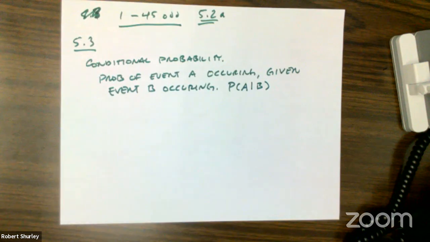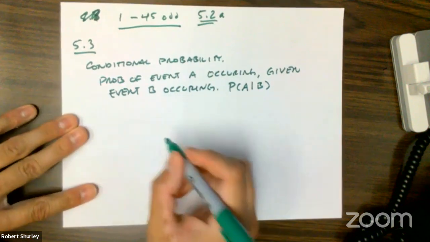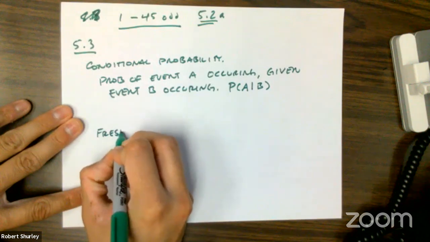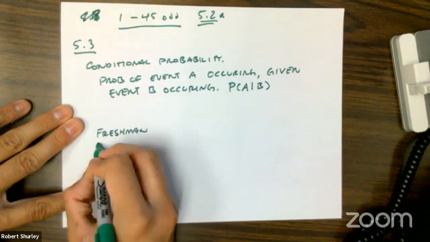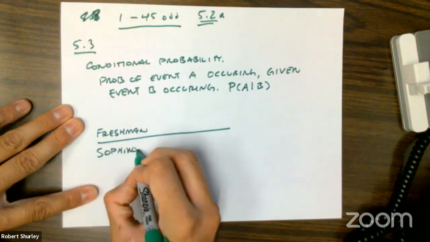Now I'm going to do a basic example with this before we go over the one in the book. Let's say freshmen, sophomores. That's who we have on campus, right?